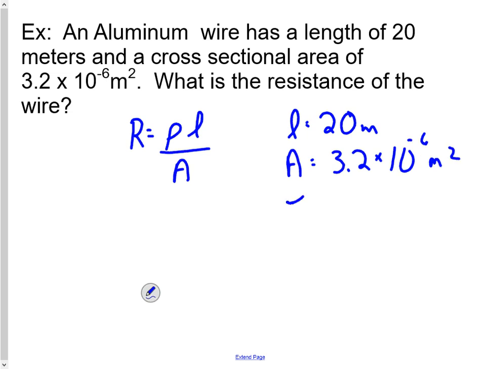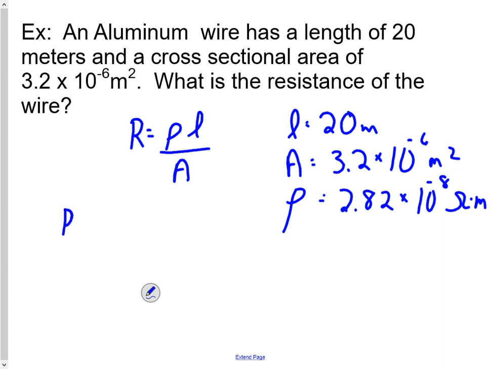And then we need to know what the resistivity is. So it's aluminum, so we're going to look on our reference table, and it says that aluminum is 2.82 times 10 to the minus 8 ohms times meters. So we are going to plug all of those into our equation.